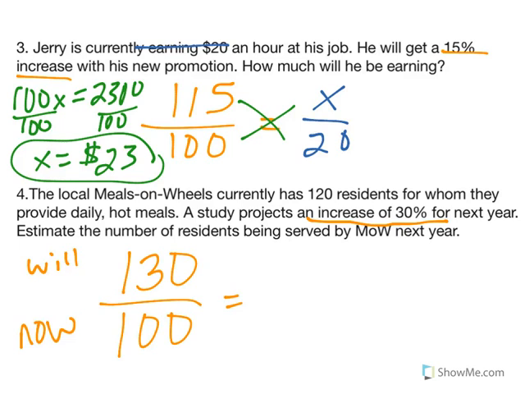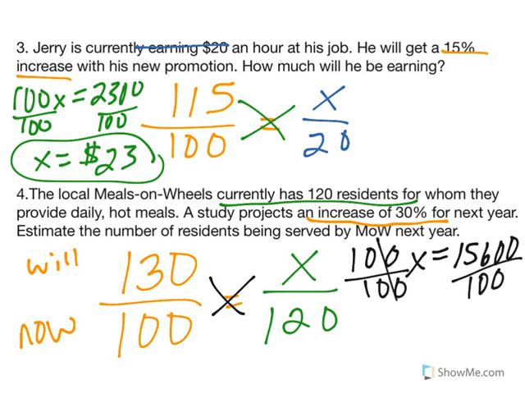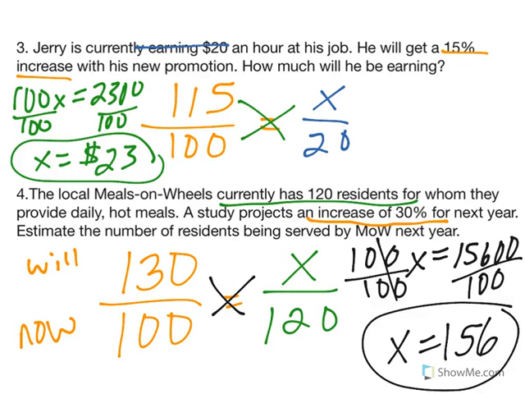So if they currently have 120, so that's now, x goes on top. Again, we cross multiply. So 100x is going to give me 130 times 120, which is 15,600. I divide both sides by 100, and x equals 156 daily hot meals for next year.